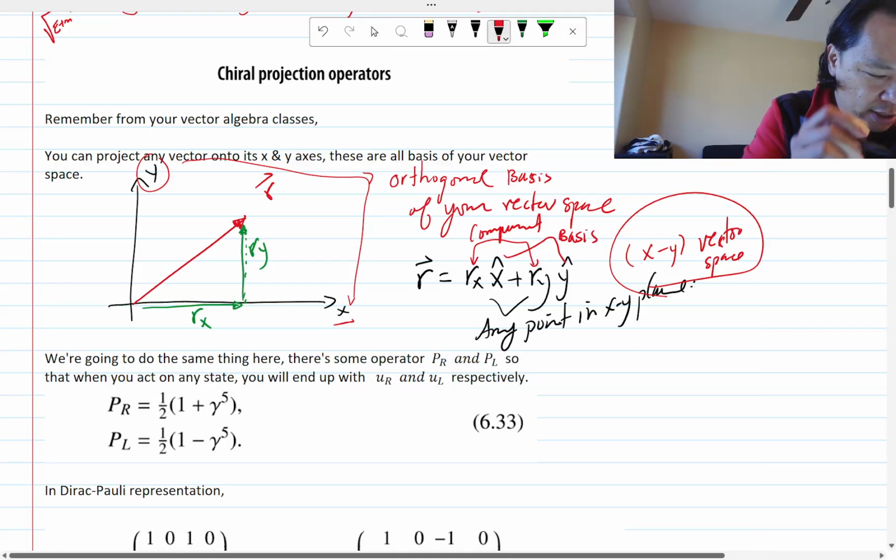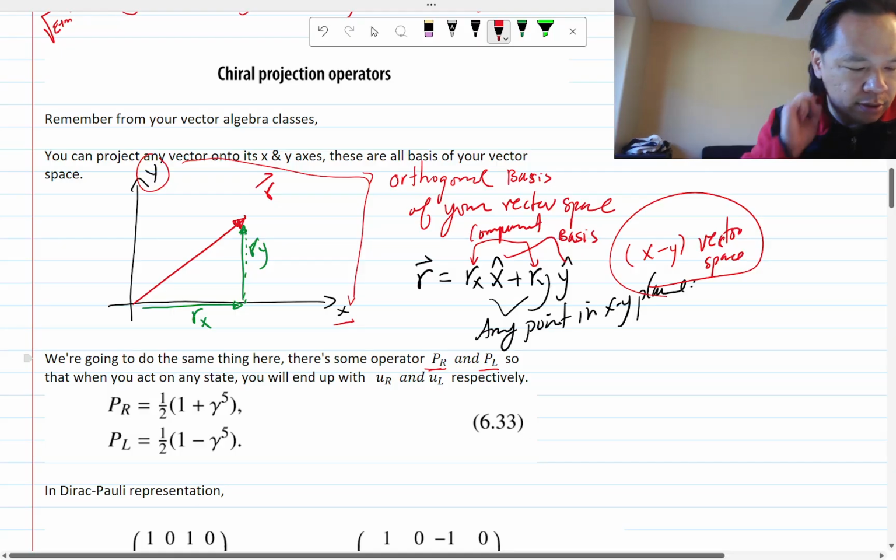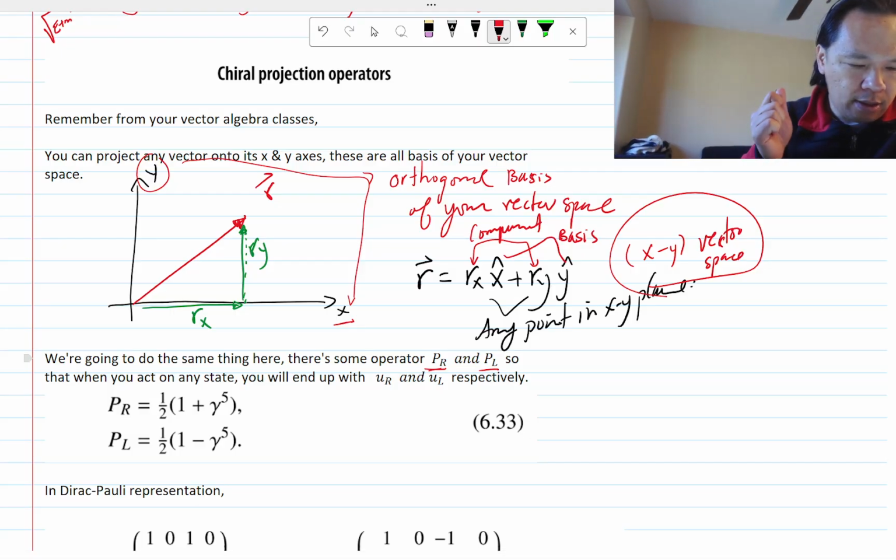Okay. So what we're going to do is define a new set of operators called PR and PL, and the P stands for projection. So we're going to project things into the right-handed chirality axis, and the left-handed, the left chiral basis, using these operators.